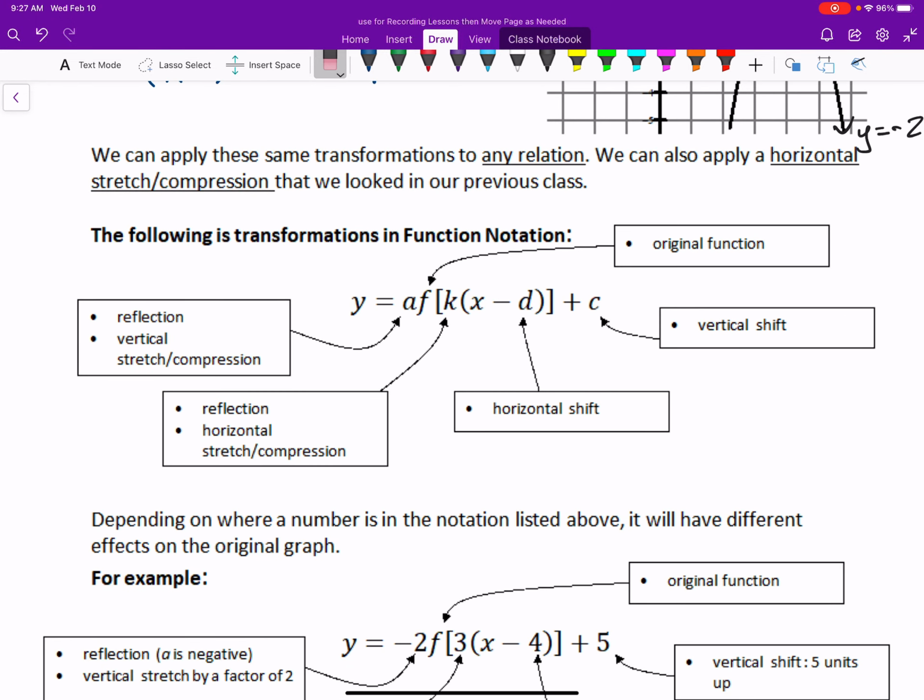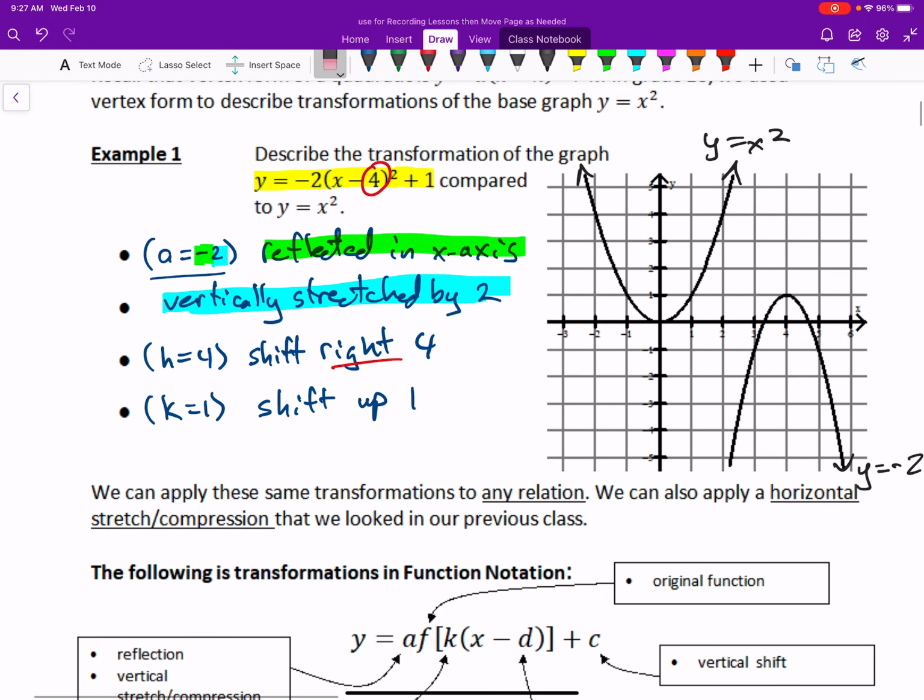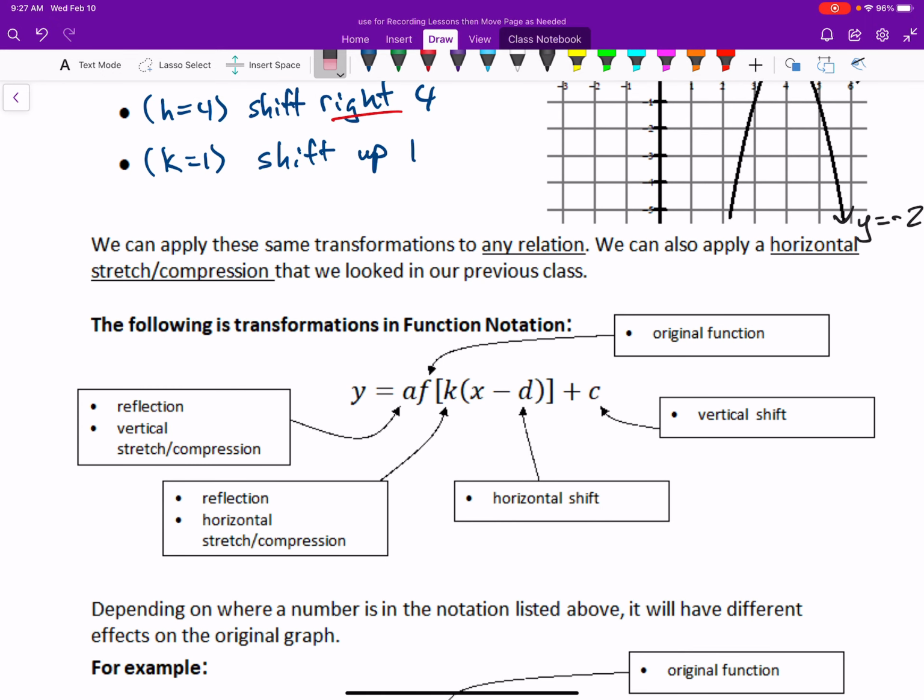We can also apply a horizontal stretch or compression that we looked at in our previous class. So the following is transformations in function notation. Instead of having our basic function just be y equals x squared, as we saw in the last class, we're going to let y equals f of x be our parent function.